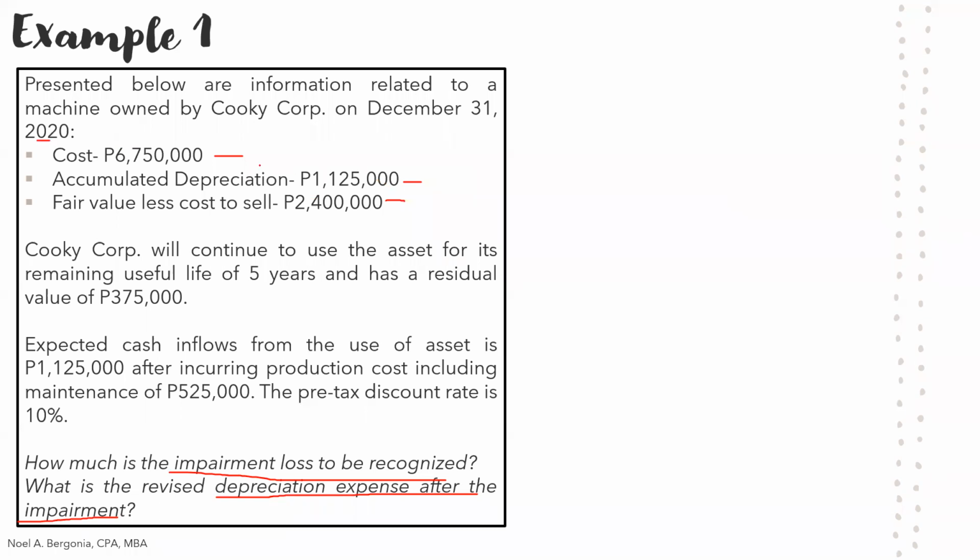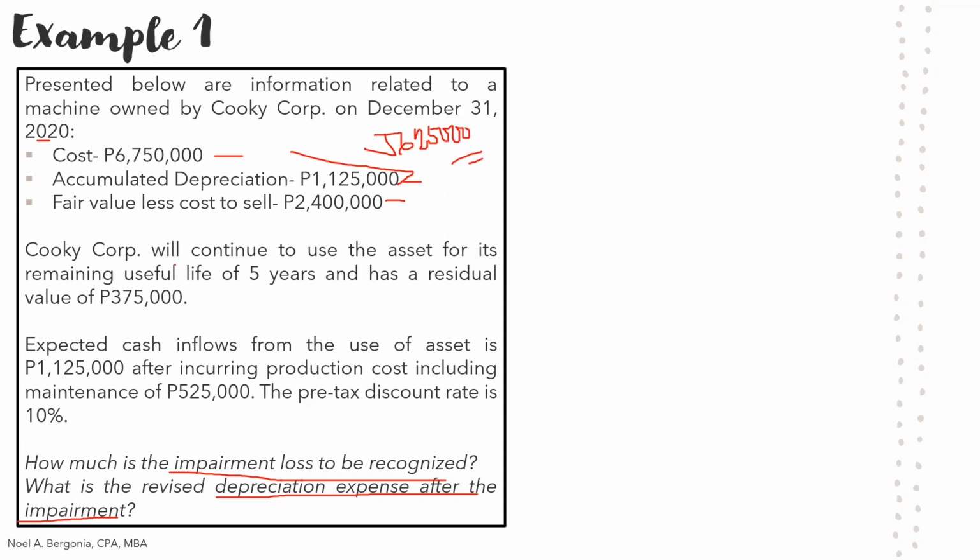Now, if you will try to determine magkano po yung carrying value natin, ang carrying value po natin dito is actually 5,625,000. As you have noticed, mas mababa na po yung fair value less cost to sell. So iisipin na natin, there is a possibility of impairment for this machine.